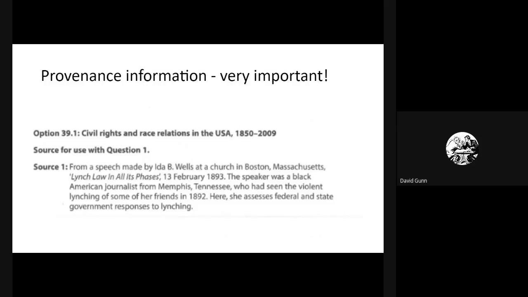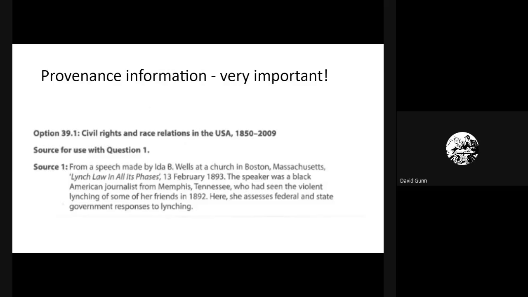This is quite interesting as well. It's at a church in Boston, Massachusetts. Boston is obviously in the north, so think about the fact that the audience is in the north. It doesn't say here, but if she's a Black American journalist and this is at a church, it's likely the audience were Black, although not necessarily. They could have been more liberal white people.